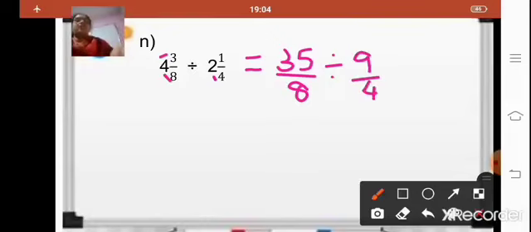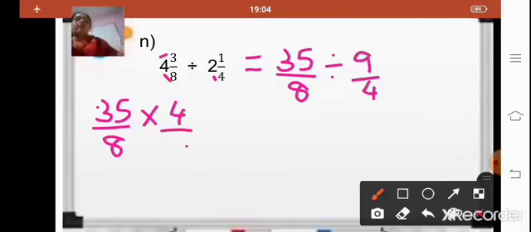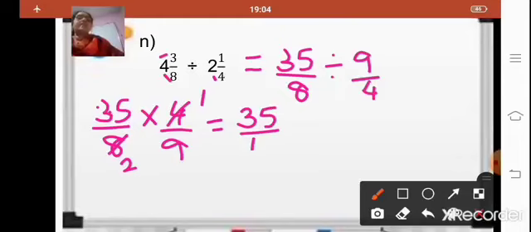Now change the sign. So this will be 35 upon 8 multiplied by 4 upon 9. Now 35 is not divisible by 9 or 8. But 8 is divisible by 4. So 4 ones are 4, 4 twos are 8. Okay. So now your answer will be 35 ones are 35 and 2 nines are 18.